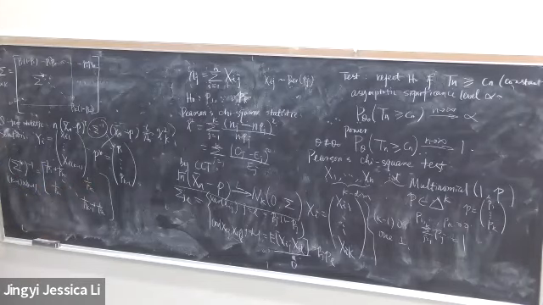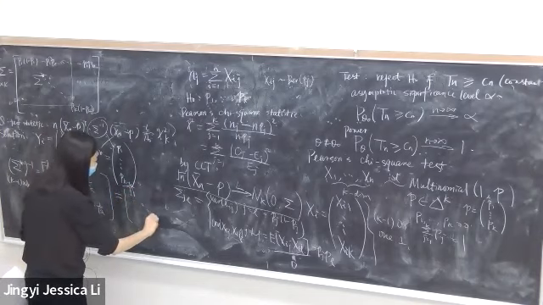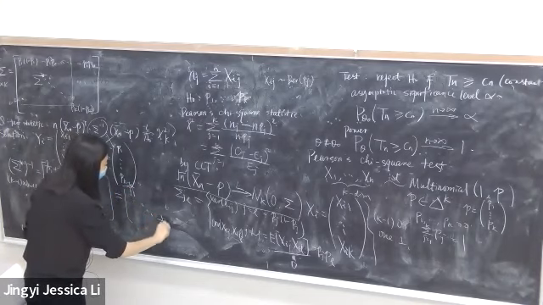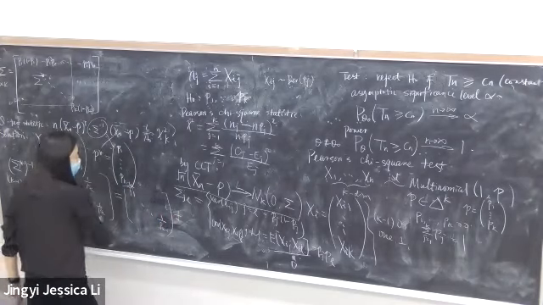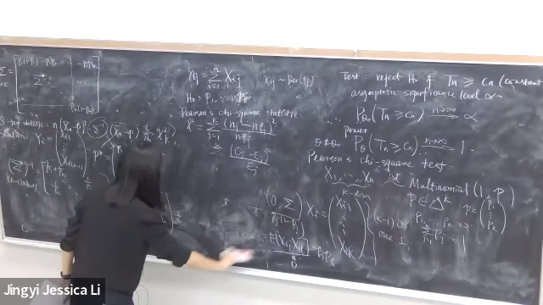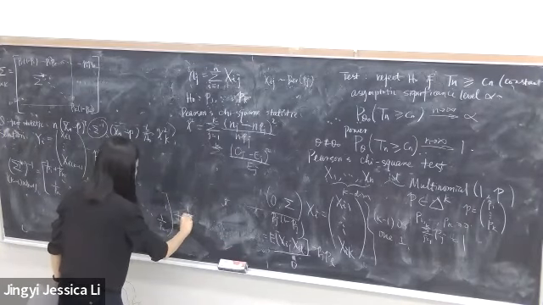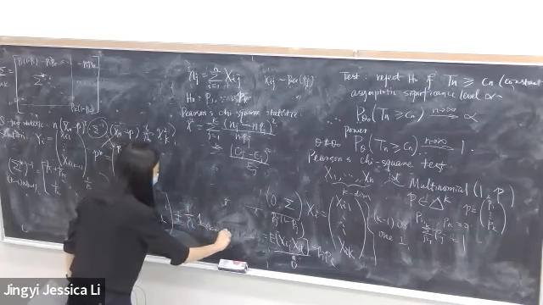So I can write this as a diagonal matrix with 1 over P1 to 1 over P(K minus 1), plus 1 over PK times a matrix of ones, which is K minus 1 by K minus 1.